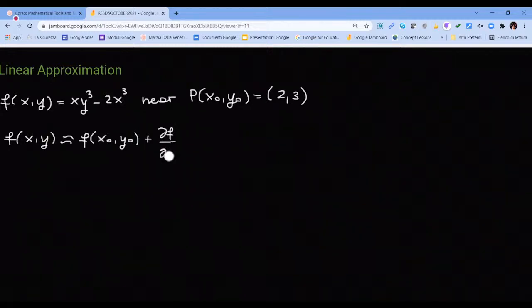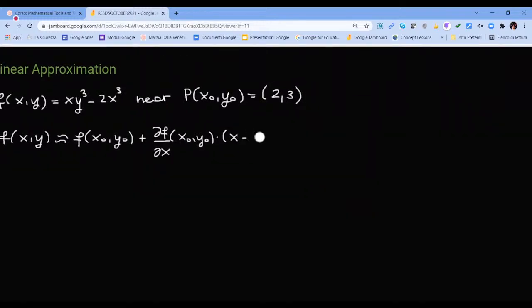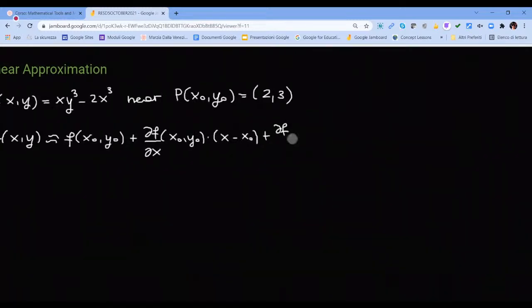The first derivative with respect to x computed in x0, y0 times x minus x0, plus the first derivative with respect to y, again computed in x0, y0 times y minus y0.